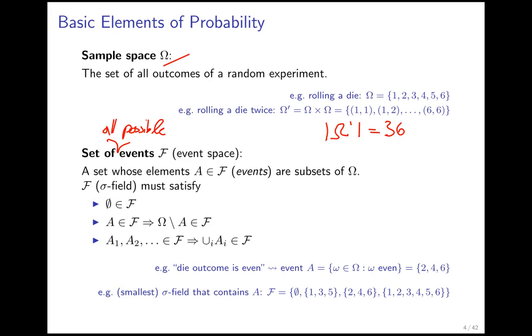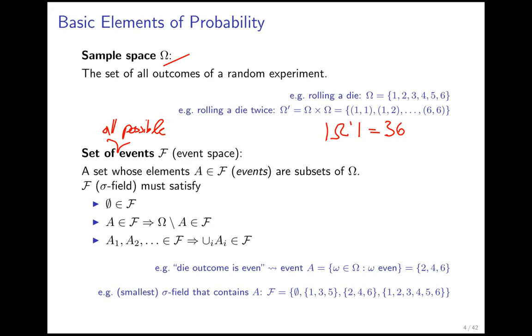Now the third one, if I take any set and take another set, and I take the union of these, then it has to be in F as well. So if we take the empty set, that's boring because it doesn't change anything. If we take 1, 3, 5, there's only one set that is not the full set left, and that's 2, 4, 6.